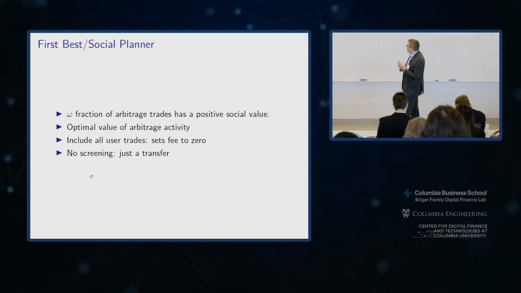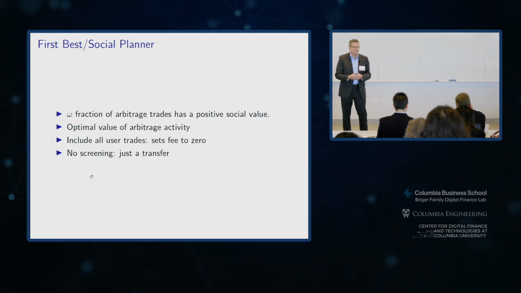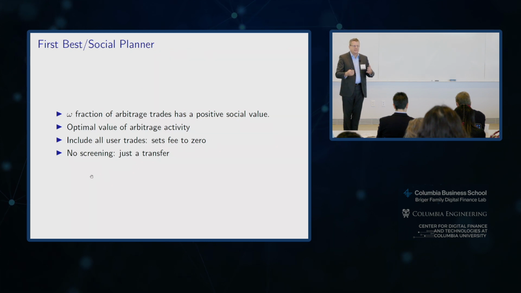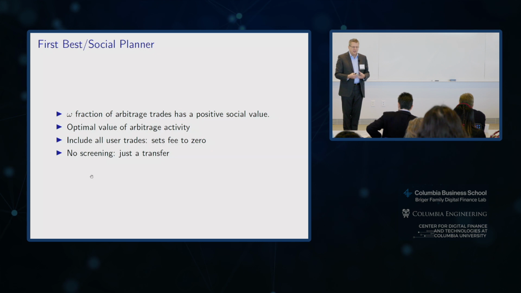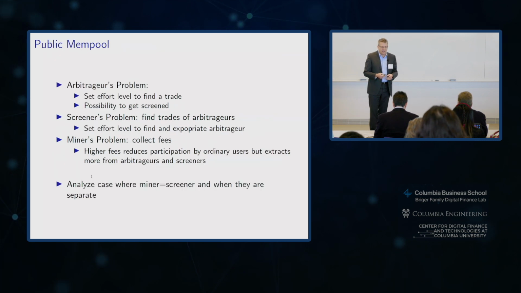The social planner would include all the users' transactions because they generate positive welfare. So the fee on the blockchain would be 0, so that every ordinary user can submit their transaction. And finally, in the first-best model, we would not have any screening, because screening is just a transfer and does not create any social value.